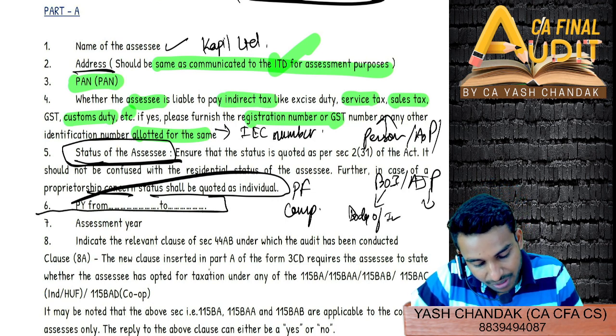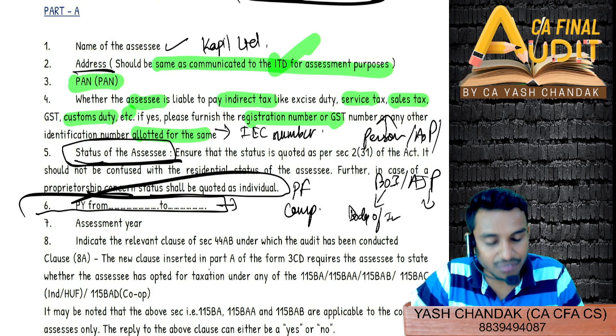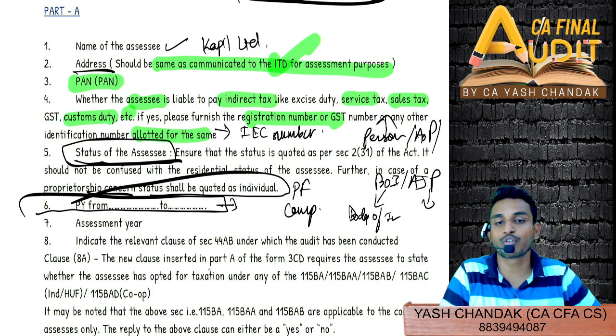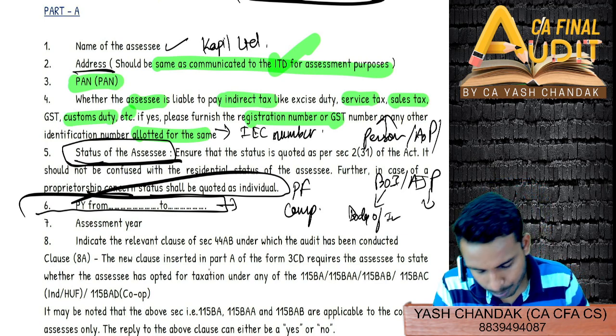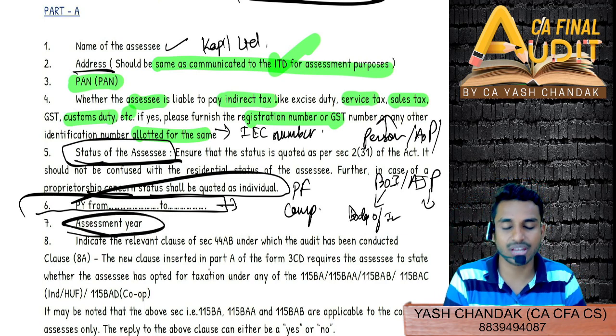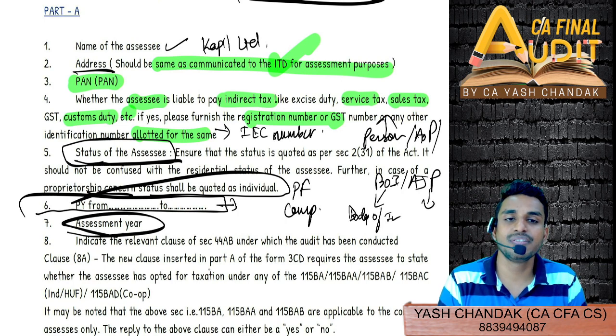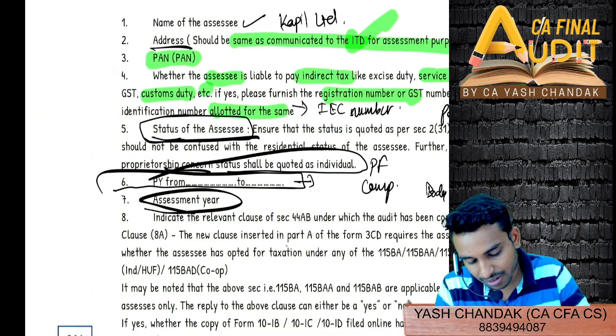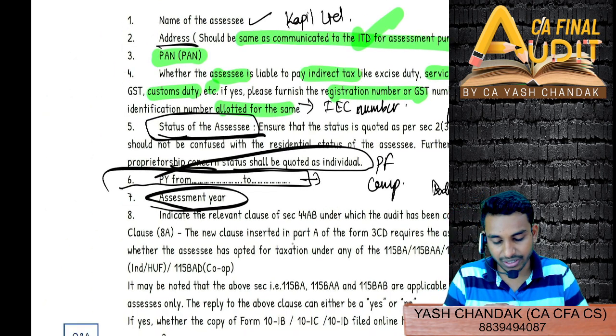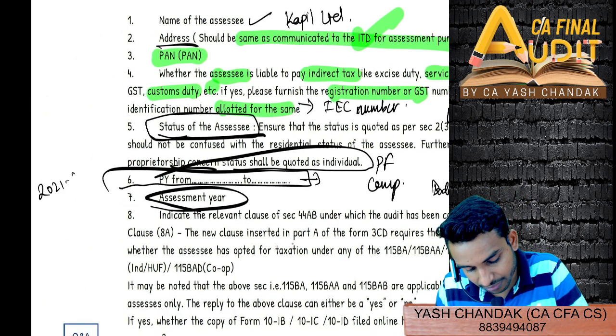Then you have to specify the previous year also. What is the previous year for which this audit is being conducted or for which the tax audit report is being furnished. So previous year and also the assessment year in the next clause. Do you remember previous year and assessment year could be different? Let's say previous year is 2021-22.